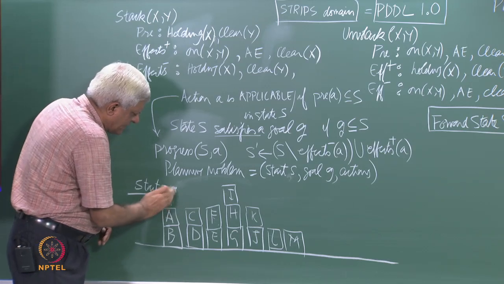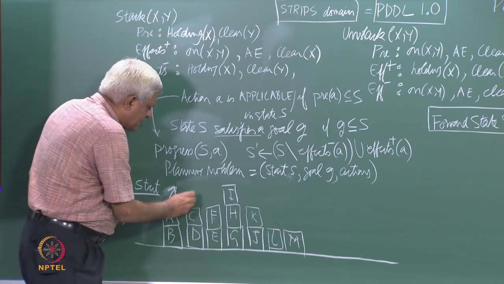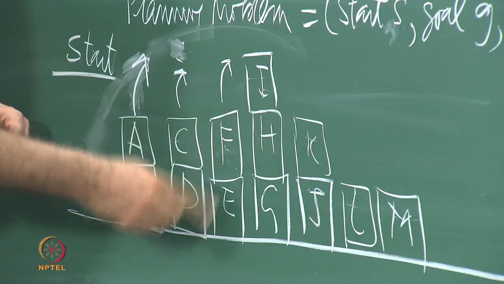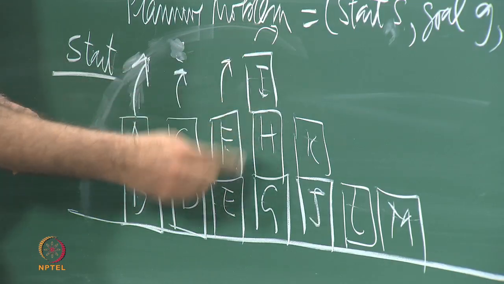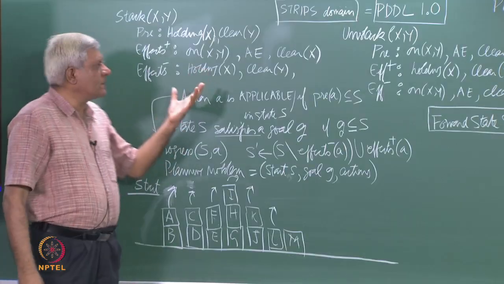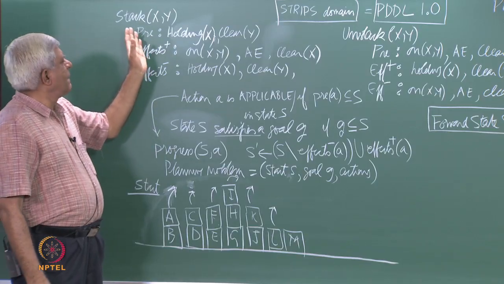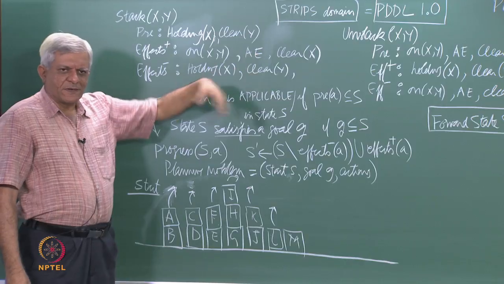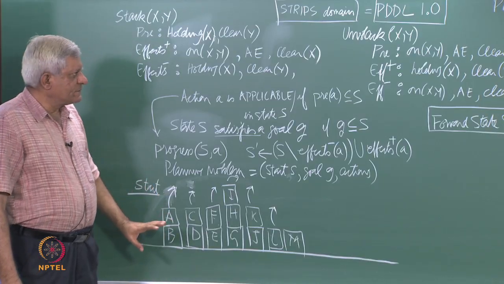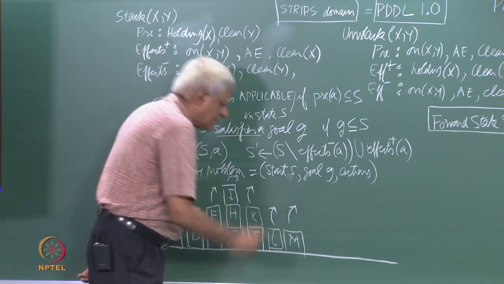So, this arrow says that I am unstacking A from B, that is one action I can apply. I can unstack C from D, I can unstack F from E, I can unstack I from H, this I can pick up. If you remember, there were 4 actions we talked about: stack, unstack, pick up and put down, and the only difference between pick up and unstack is that unstack happens from another block and pick up happens from the table. So, just to illustrate how to use different actions.